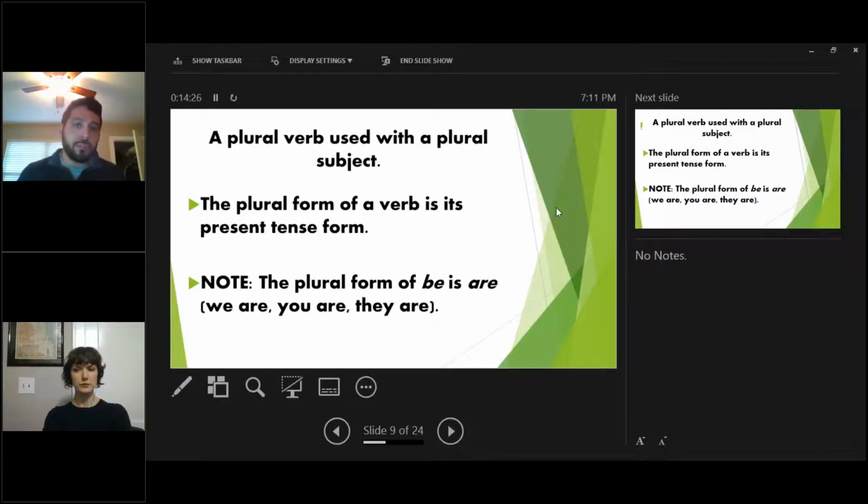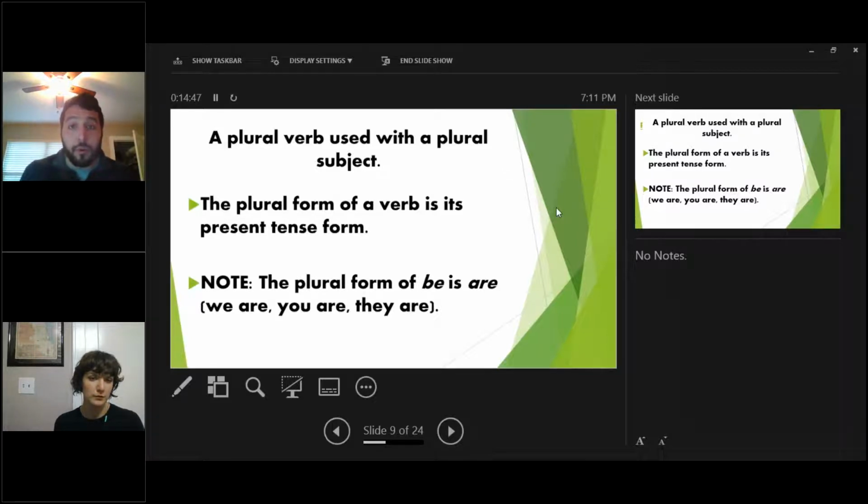So plural subjects end in S, obviously, because those nouns are talking about more than one, whether it's dogs or cats, or just humans. So the plural form of a verb is going to be the present tense form to link up with that plural subject.